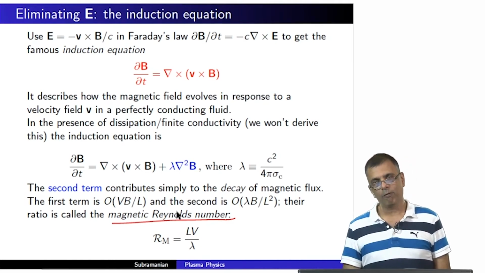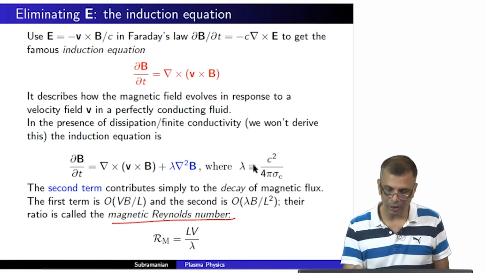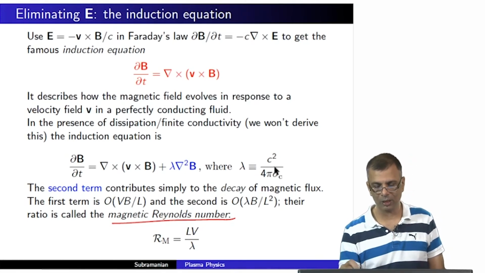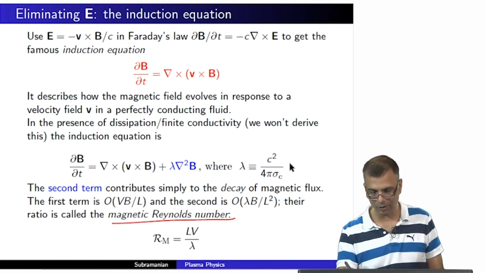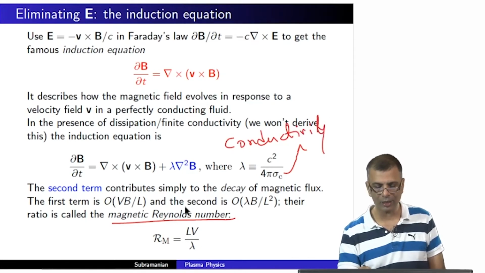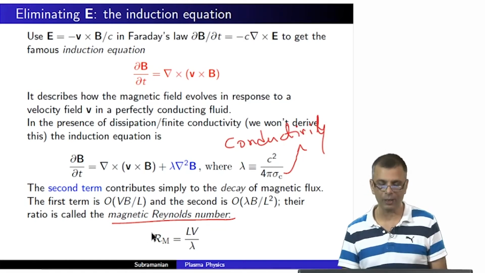So, for an infinitely conducting fluid, lambda is technically 0. You see, the sigma c, the conductivity, appears in the denominator. So, for an infinitely conducting fluid, since lambda is 0, the magnetic Reynolds number shoots up to infinity.